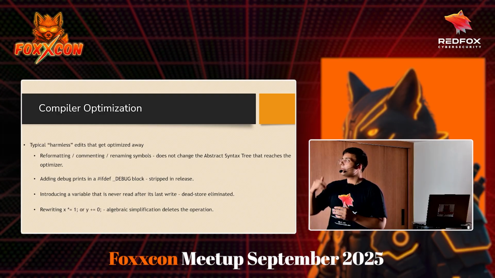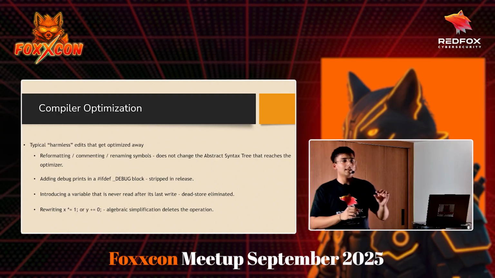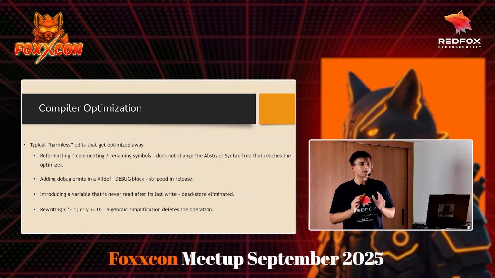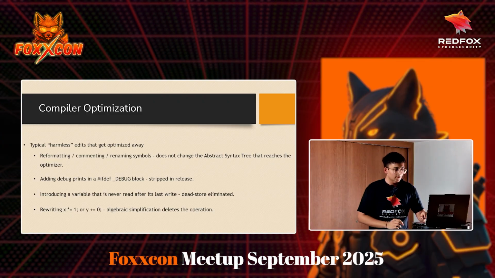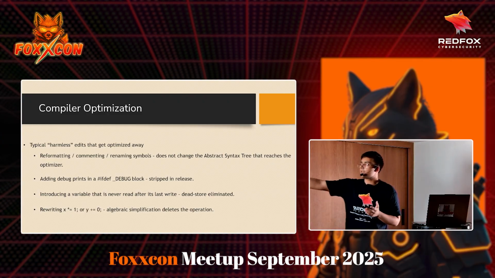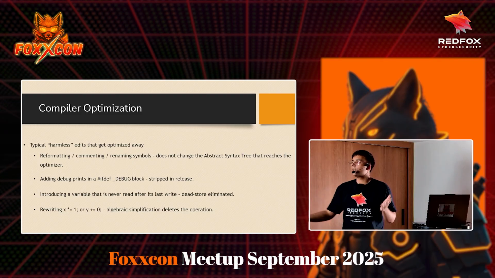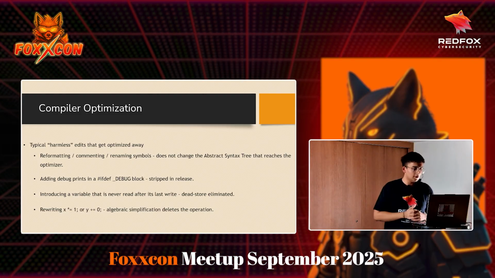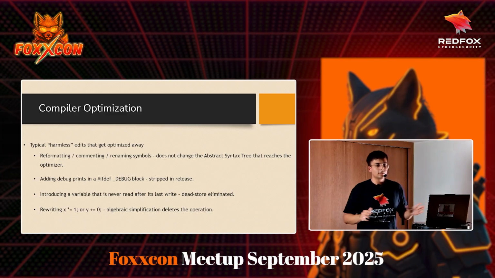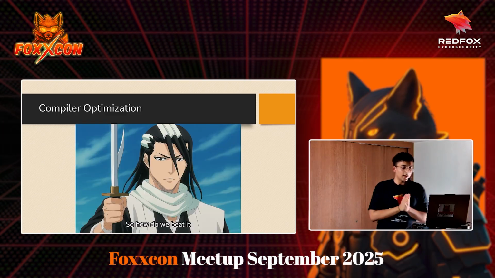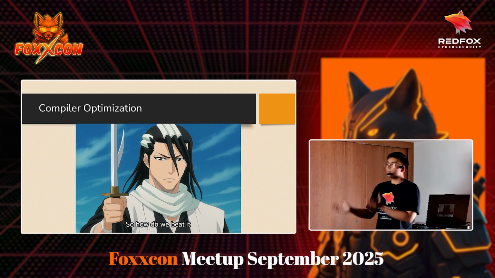It will not make it to machine code. That variable will not exist in machine code if it's useless. And naturally, arithmetic and algebraic simplification will also be removed. It will not make it past. Now, the question is, how do we beat it?